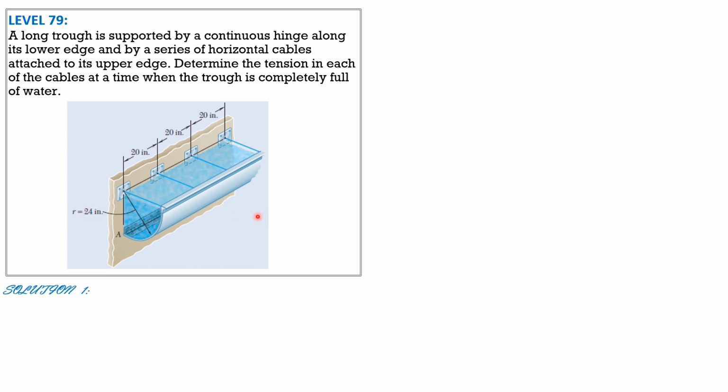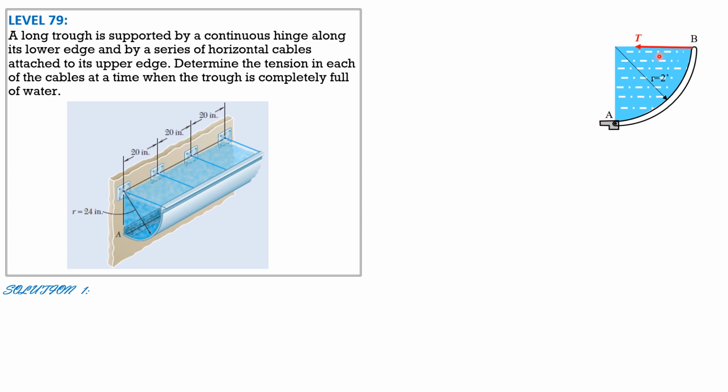So for the solution, let's have the quarter circular arc. Remember that perpendicular to the screen, it is 20 inches, or 20 over 12 feet. So the pressure diagram is triangular as shown.